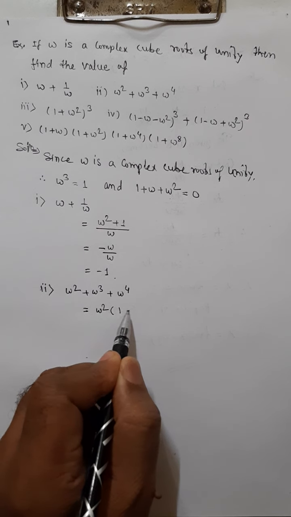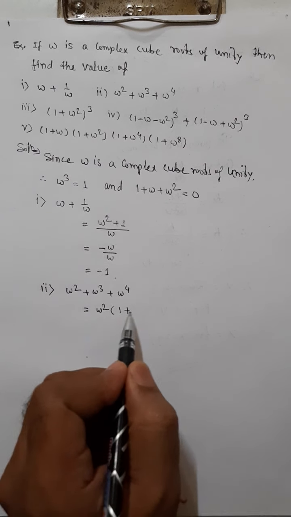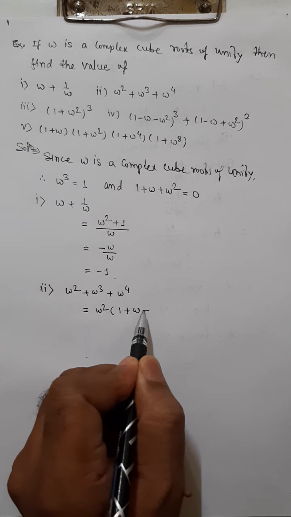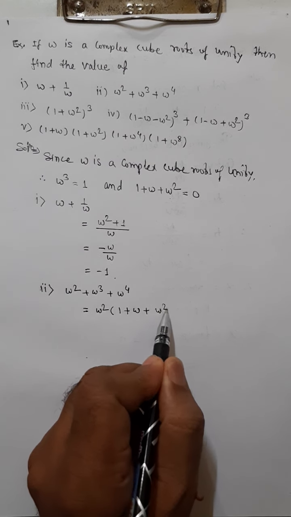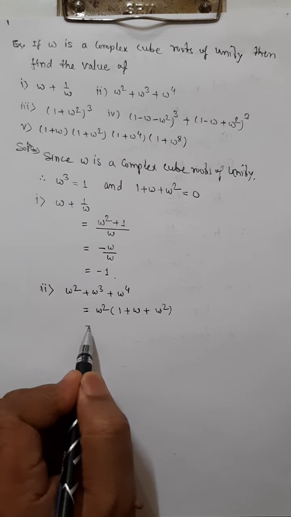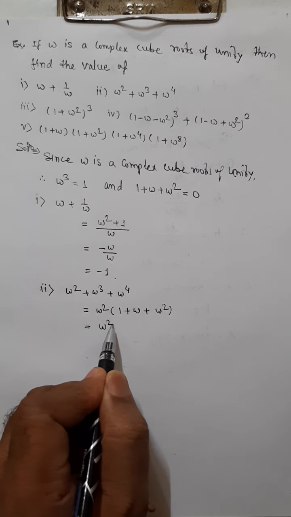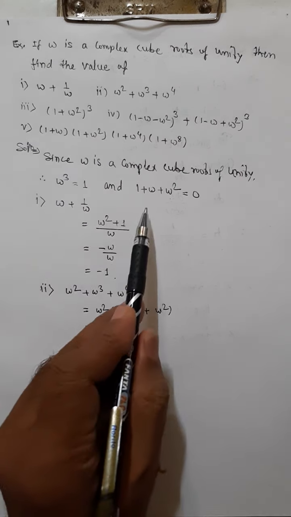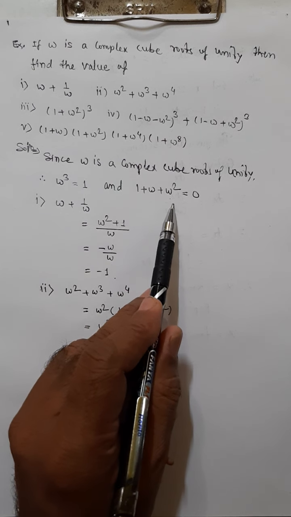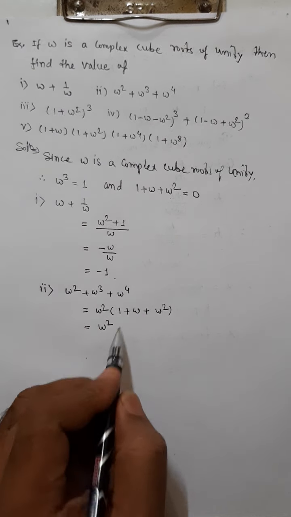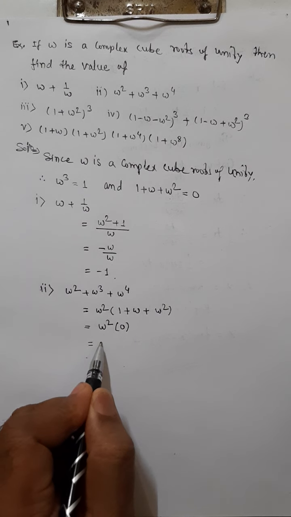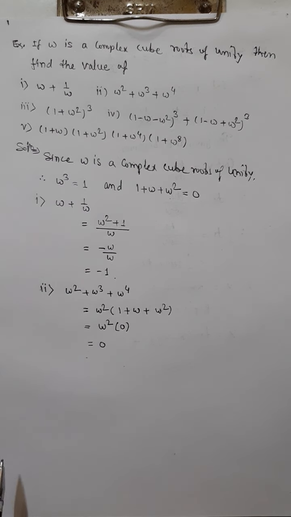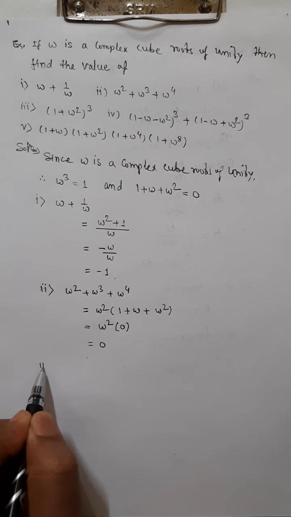So in bracket 1 plus, from omega cube we get omega, and from third term we get omega square in bracket. So it is equal to omega square into (1 plus omega plus omega square), and from the second result we know its value is 0. So omega square into 0 is 0. So 0 is the value of this second problem. Then continue third problem.